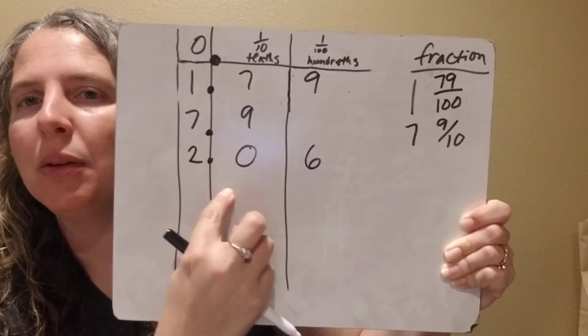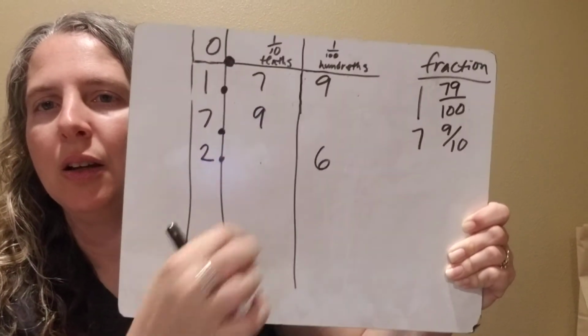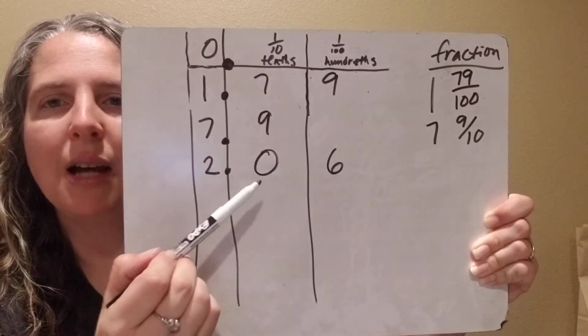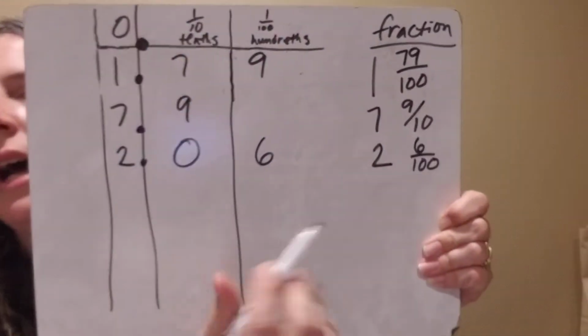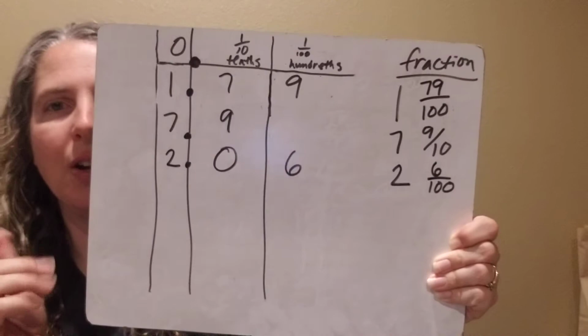Well, we do need it here because it's holding that place value. We can't have a number that looks like this. So it's 2 6/100. Quickly write that fraction down. Read that. 2 6/100. Very good.